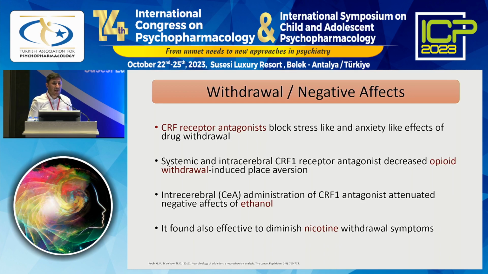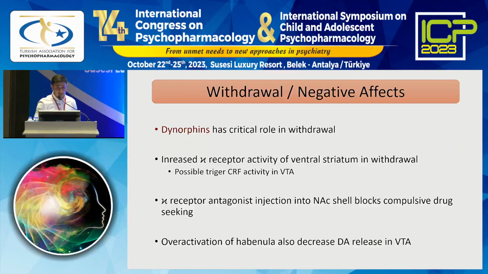According to studies, CRF receptor antagonists block stress-like and anxiety-like effects of drug withdrawal. Therefore, CRF is a factor that plays a role in alcohol, nicotine, and other types of addiction.